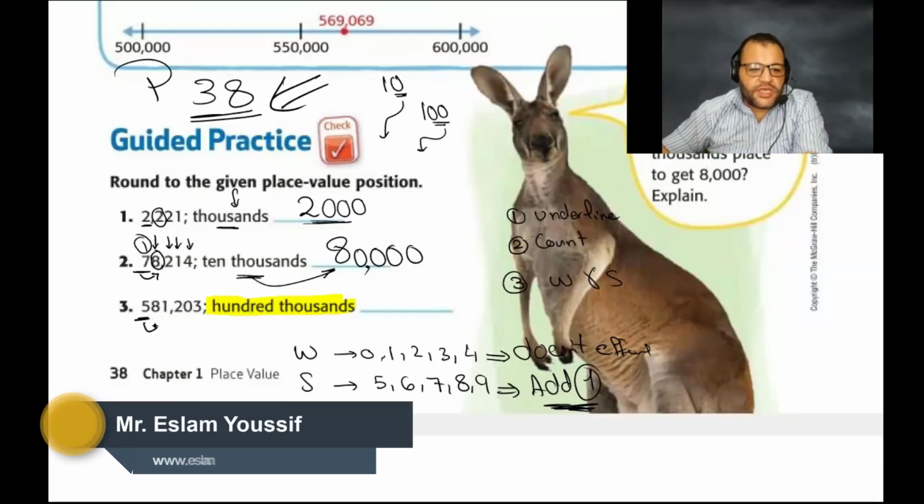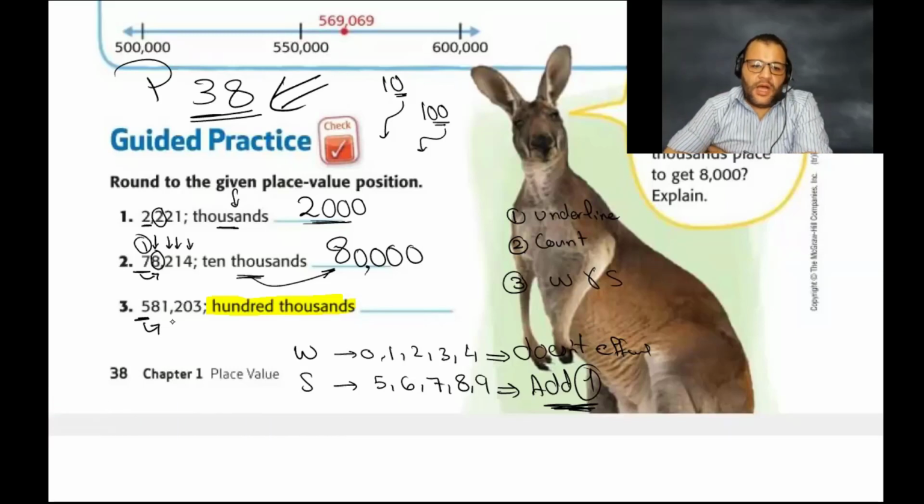How many digits are at the right? Count them. So, 5 digits. So I will write 5 zeros. 1, 2, 3, 4, 5. Then question number 3. Is the digit at the right of 5 one of the strong numbers or the weak numbers?